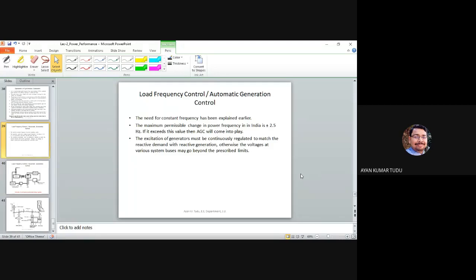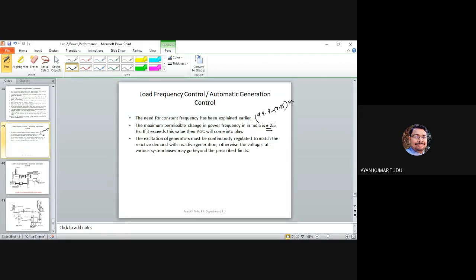The frequency margin is very small. It is around 49.9 to 50.0 hertz. Nowadays the frequency variation in India is very strict. It is around 49.9 to 50.05 hertz.